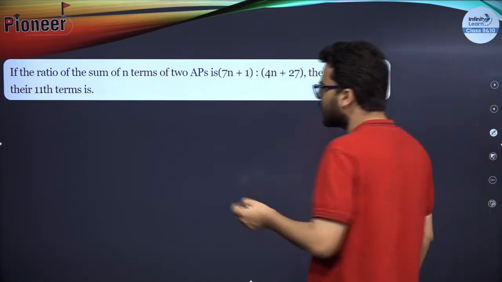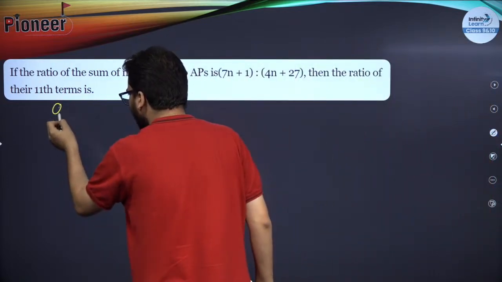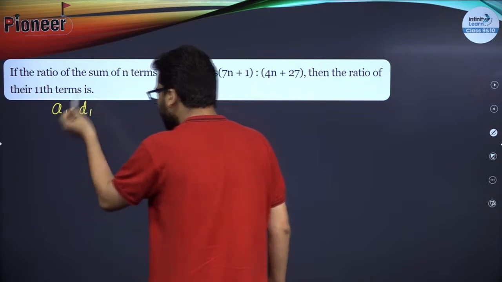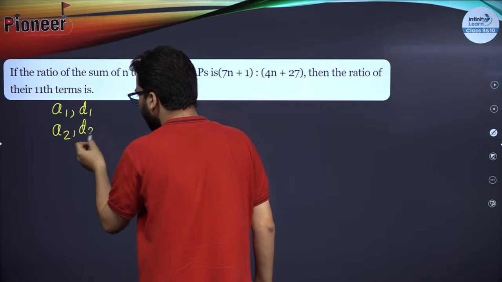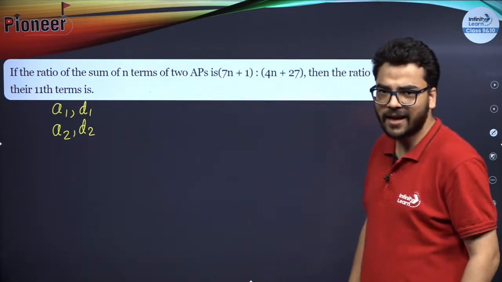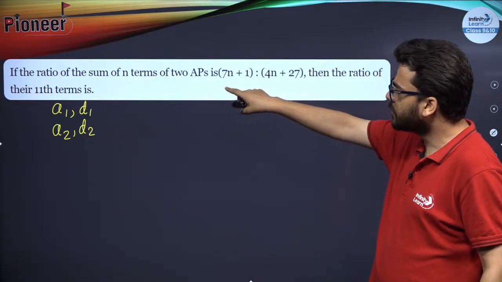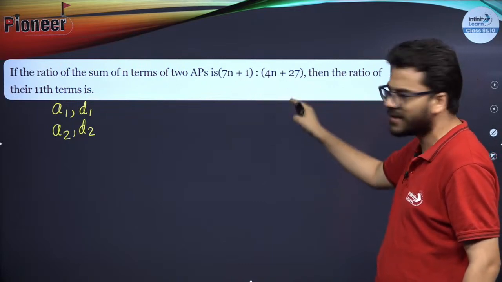Suppose the first term of the first AP is A1 and the common difference of the first AP is D1. Suppose the first term of the second AP is A2 and the common difference of the second AP is D2. Now it is given the ratio of the sum of the first n terms of the first AP to the second AP is this.